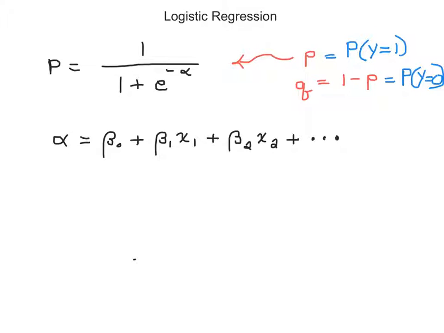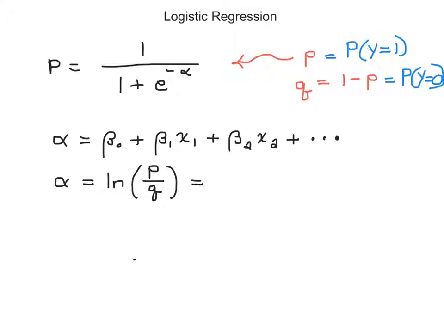As it turns out, the linear equation alpha is equal to the natural log of the probability P that our output, or y equals 1, that is a true outcome, over the probability that we have a false outcome.